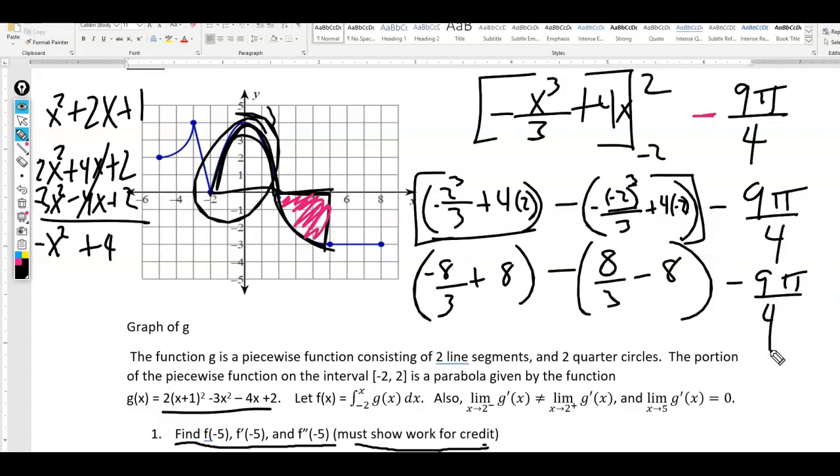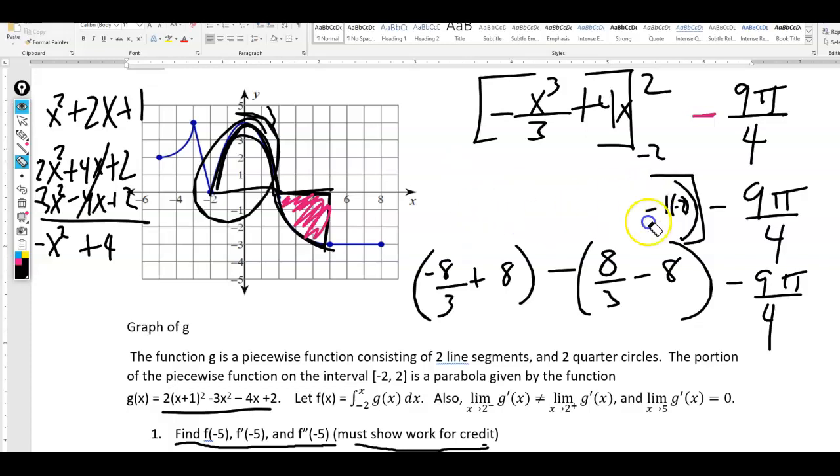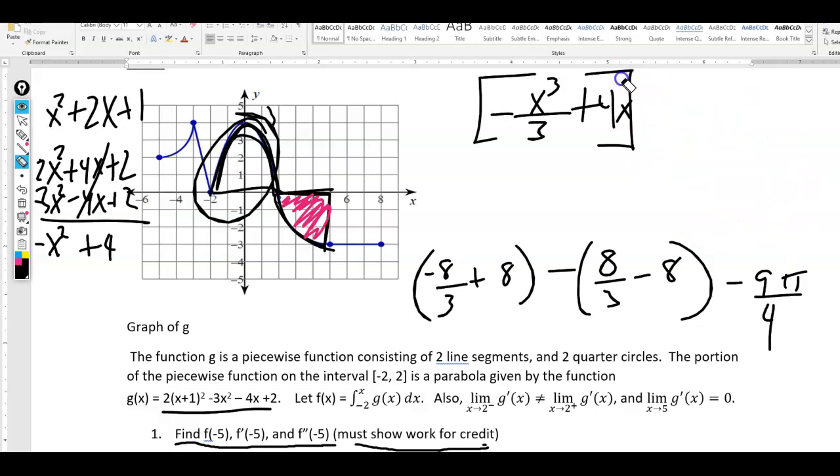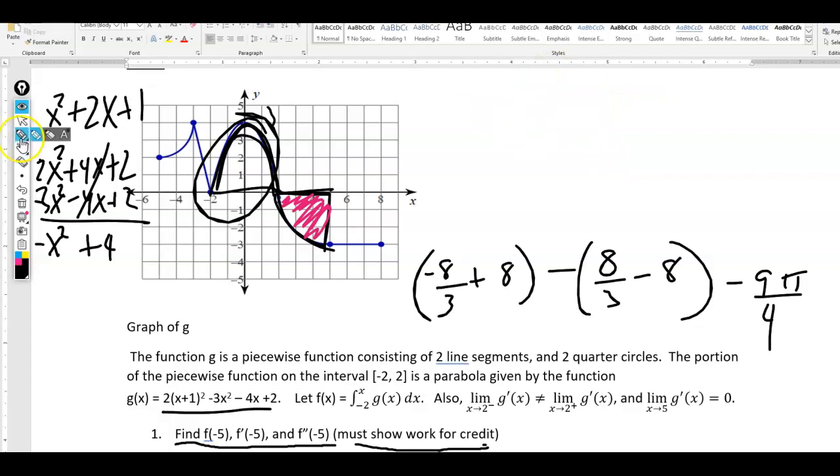More room for myself here. Okay. So I'm going to go ahead and distribute the negative here.